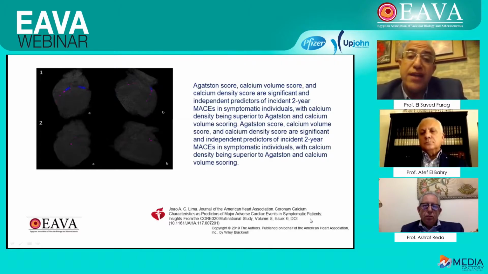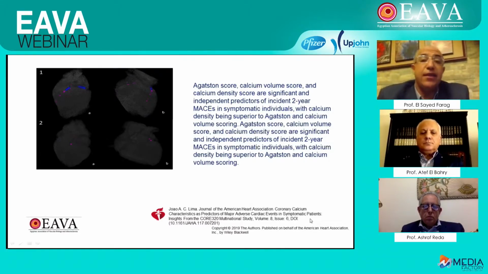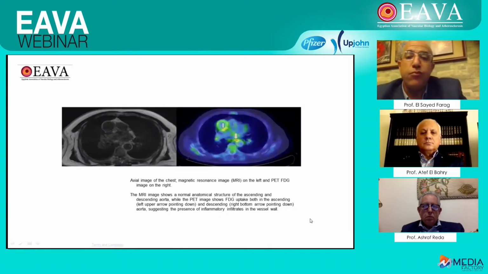With the new modalities in the CT, we can use some tools to assess the calcium density inside the vascular wall. The calcium density is proved to be much more important than the calcium volume for detecting the calcification in the plaque.